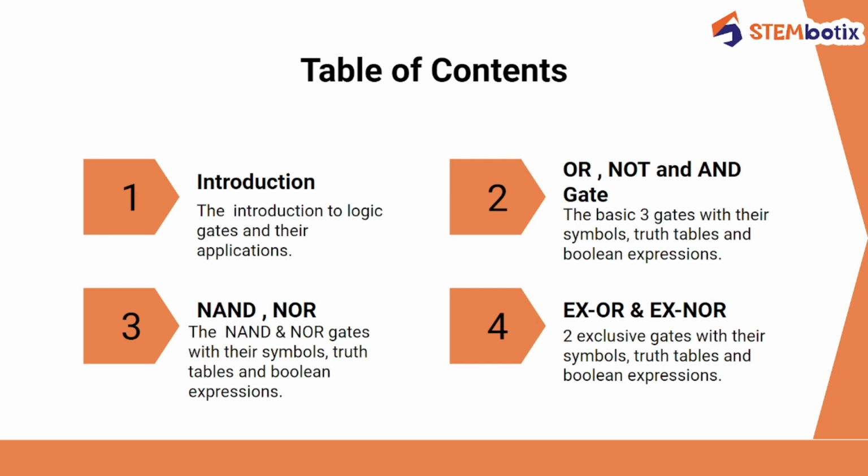In the second part, we will see the three basic gates, which are OR, NOT, and AND gate. In the third part, we will see NAND and NOR gate. And in the fourth and last section of our session, we will see XOR and XNOR gate in detail. So let's start today's session with the introduction part.